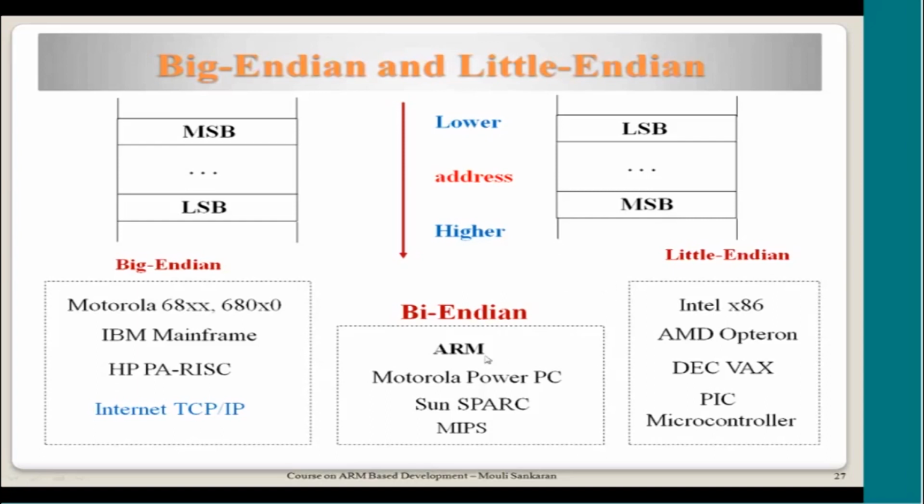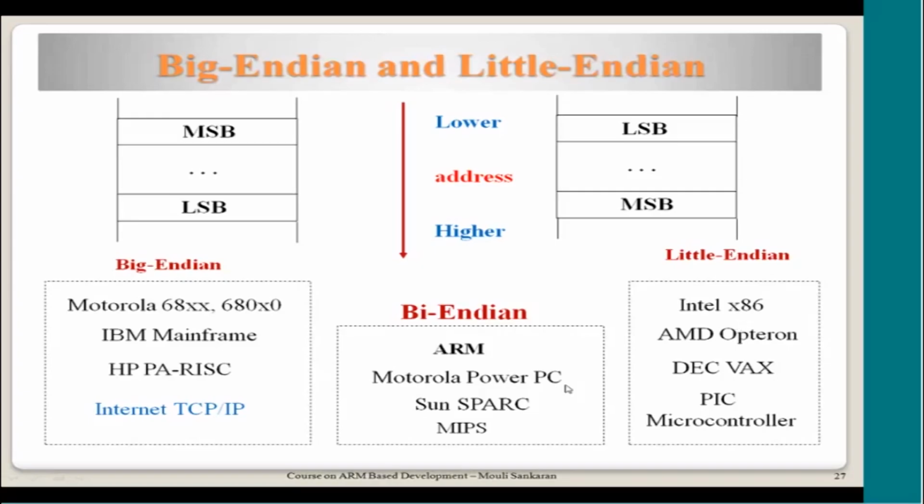ARM should be able to support both endiannesses, so that in a multiprocessor environment, if another processor from the big endian family is used on a single board along with ARM, it should understand the big endian way of writing and reading memory. But if ARM is part of the little endian processor family, it should understand little endianness.